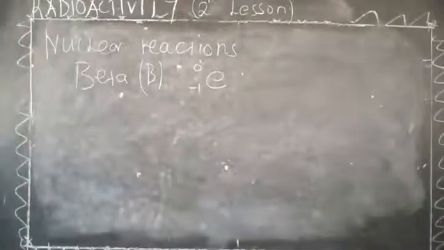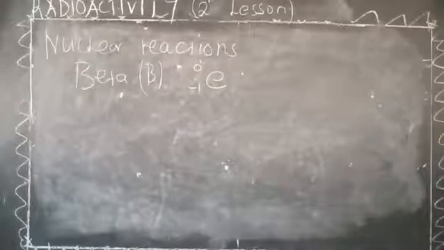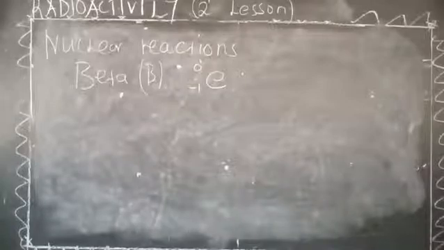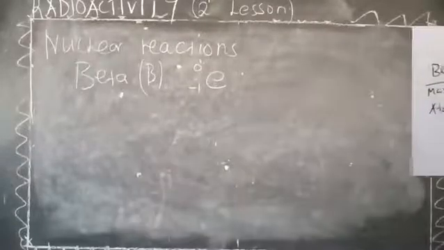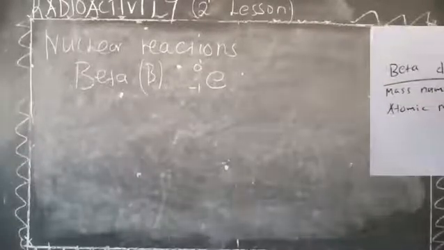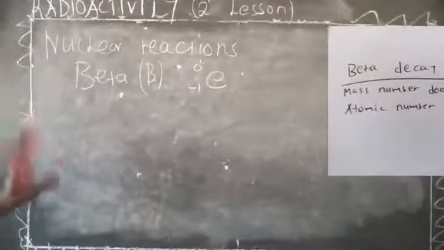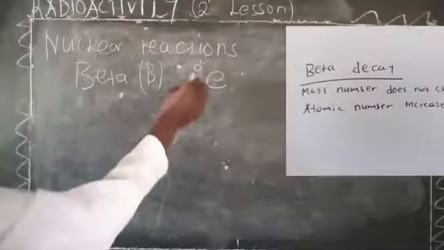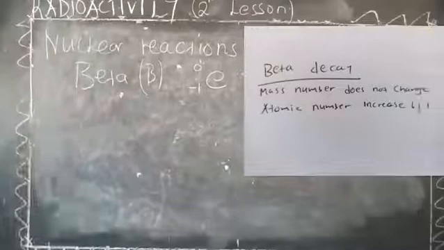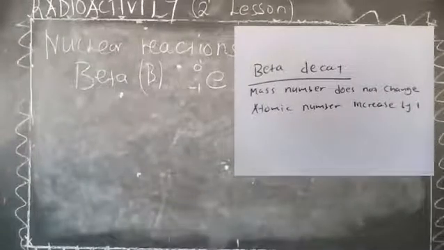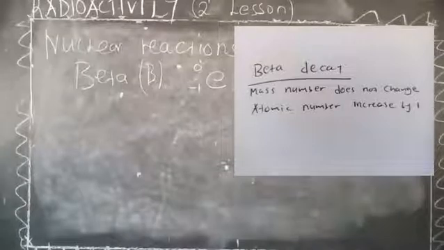So when beta particles are emitted, we call that one a beta nuclear reaction, and in this case, the mass number of the parent nuclide does not change, while the atomic number of the resultant daughter nuclide usually increases by 1.